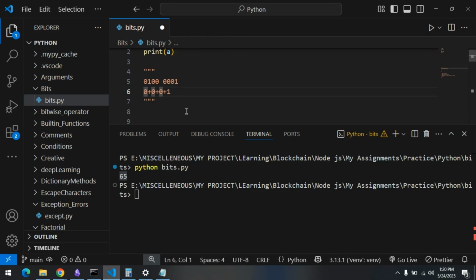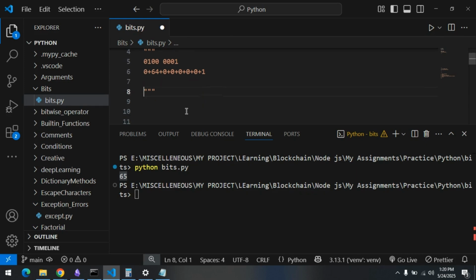0 0 0 1. Okay, so the first one has a base of 2 raised to the power of 0, which would give us a value of 1. And then all other digits would be zeros.